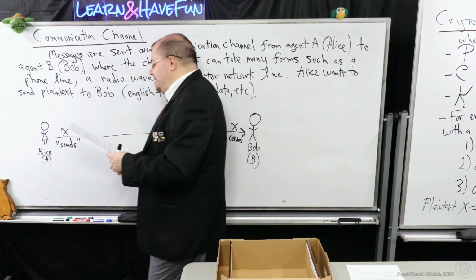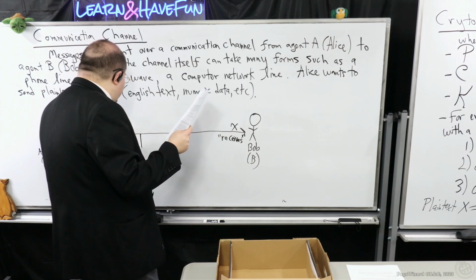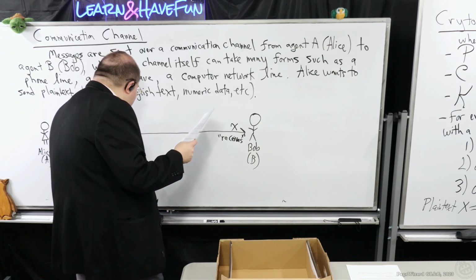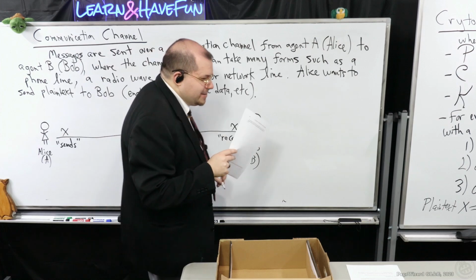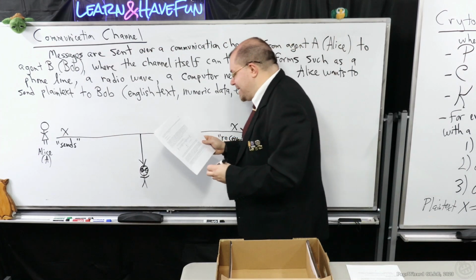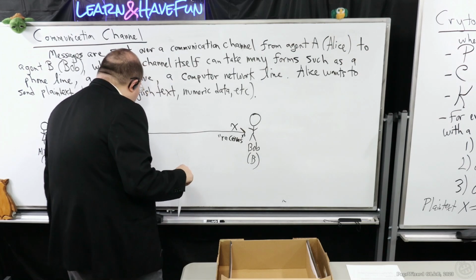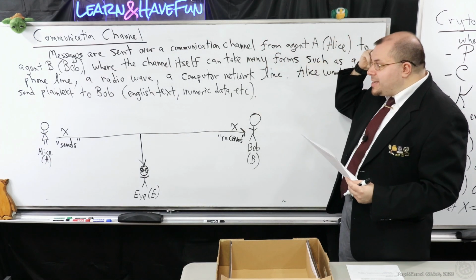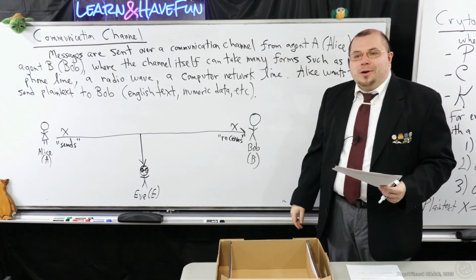So let's put this into this model just to make it a little clearer what we've got going on here. I'm going to introduce a third actor and third agent, a very keen one. I give this character a beautiful set of glasses. I'm going to refer to this agent as Eve, or agent E. So suppose that you send over this channel the message X, the plain text X. In the current setup, what would happen?